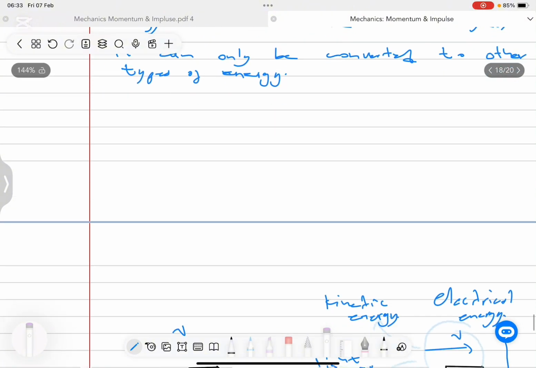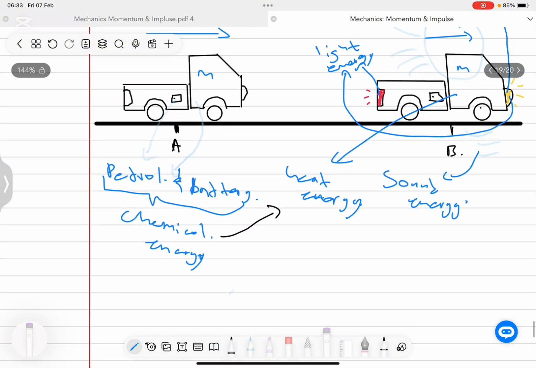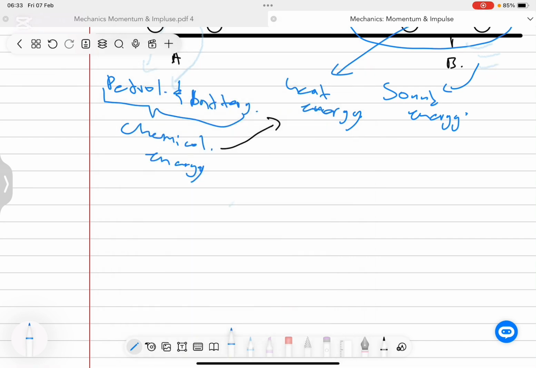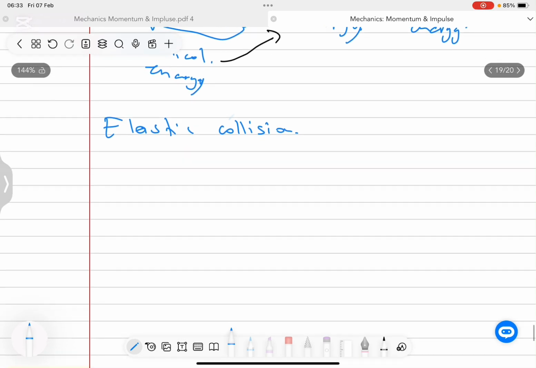Now, let us look at the two types of collisions that we have. I think we have a good background to understand these collisions. The first one is called elastic collision. If we have two objects that are, say, moving towards each other, I'll say M1 and I'll say V1 initial, because it's going in that direction.